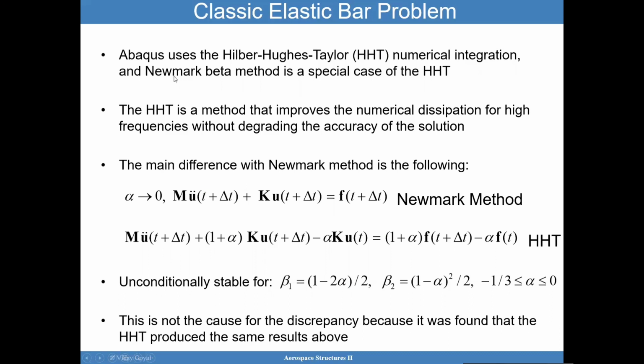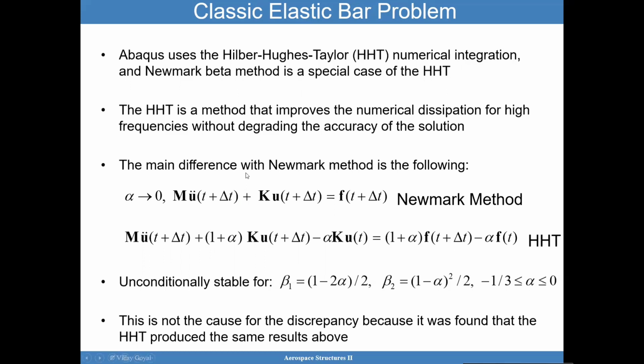And I want to point out that the Newmark beta method is a special case of HHT. So HHT is a method that improves the numerical dissipation for high frequencies without degrading the accuracy of the solution. So you can time march it without losing a lot of accuracy, and it improves the numerical dissipation that occurs at high frequencies. So that's why HHT can be very useful.